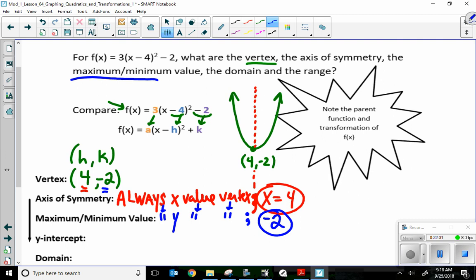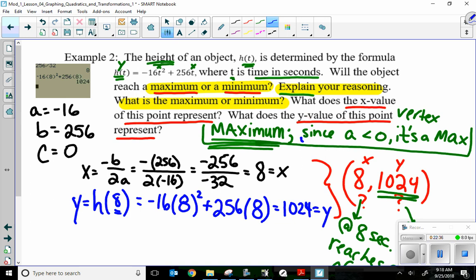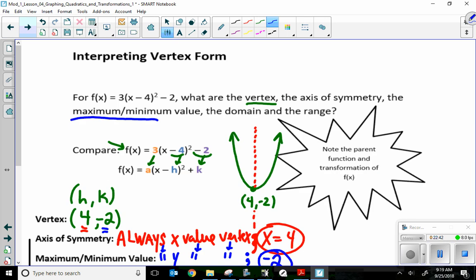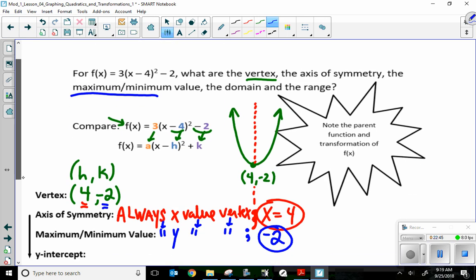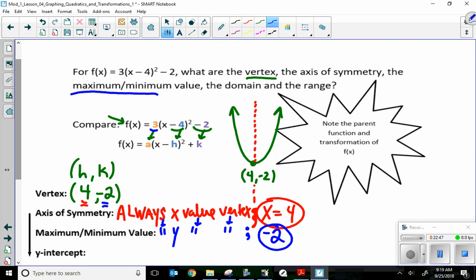Is my a positive or negative? My a value is 3. Since my a value is bigger than 0, I have a happy parabola, which means my vertex is the low point. So it's -2, and that is a minimum value. That's a low point on the graph. This actually isn't bad at all.